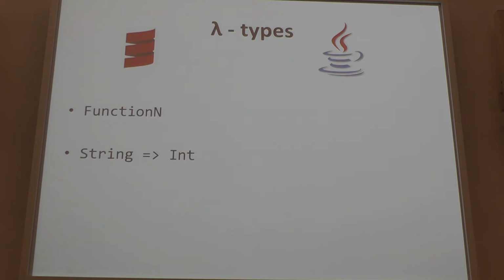In Scala, there are 22 traits, Function1, Function2, Function3, and up to Function22, that define common supertypes for functions that take the number of parameters here.